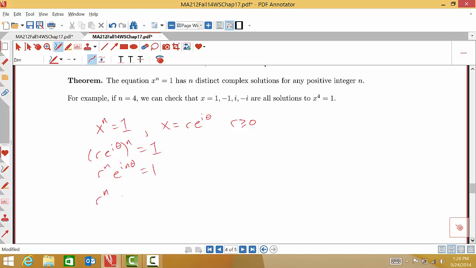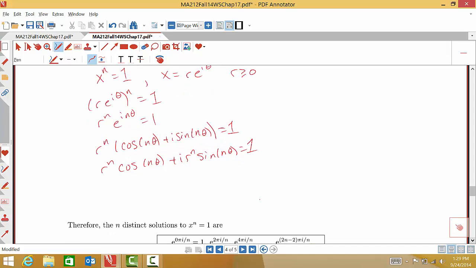This means that r to the n times (cos of n theta plus i sine of n theta) must be 1. So r to the n cos n theta plus i r to the n sine n theta has to be 1.